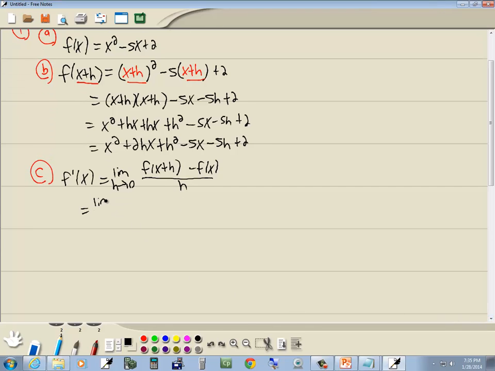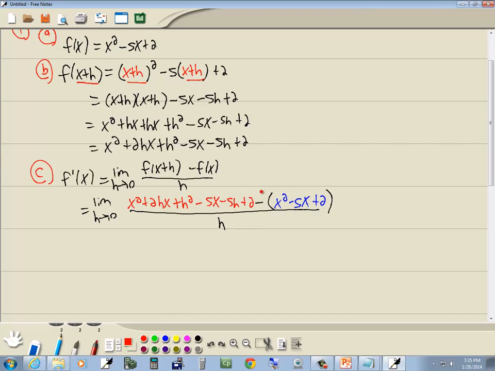So we've got limit as h goes to 0. f of x plus h from 1b was equal to x squared plus 2hx plus h squared minus 5x minus 5h plus 2. Minus, and I'll put a beginning parenthesis, f of x, which from 1a was x squared minus 5x plus 2, all over h.